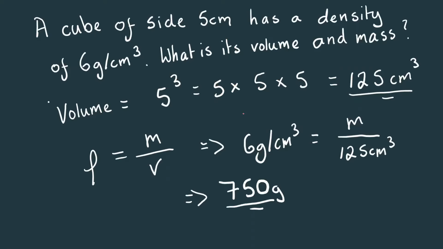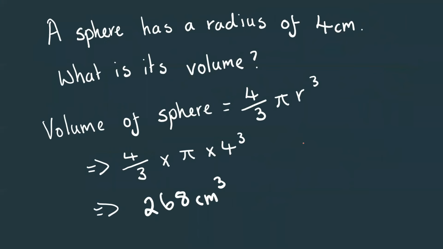Density, we were told, is 6 grams per centimeter cubed. Mass, we don't know. We know its volume. So all we do is multiply 125 by 6, which is 750 grams. No conversion was needed with that one. It's all consistent units.